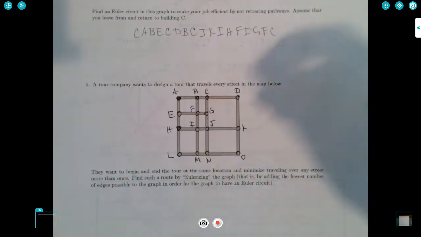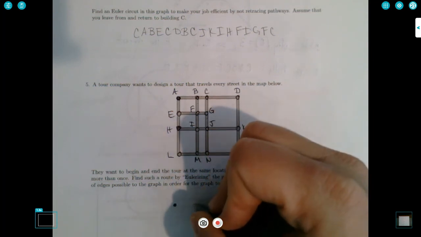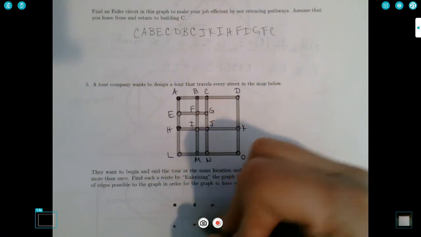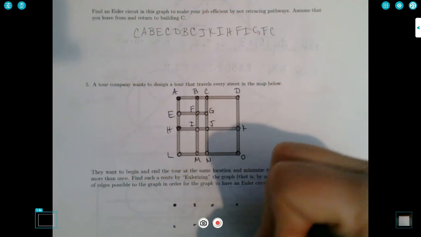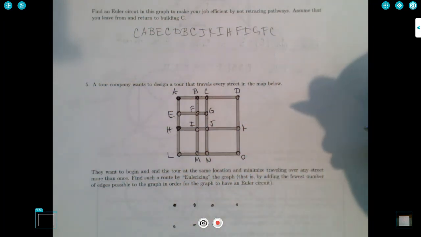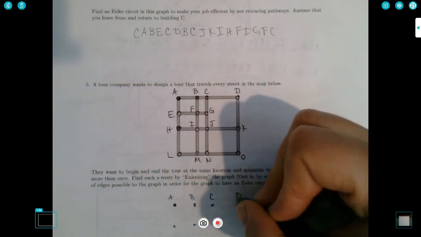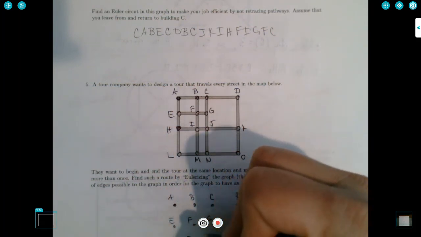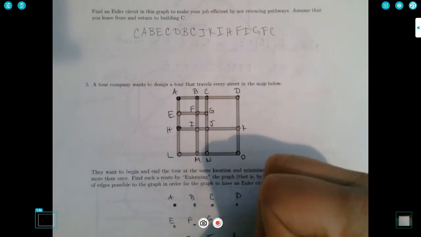So maybe I do need to redraw this so that you can see what I'm talking about. C, D, E, F, G, H, I, J, K, L, M, N, O.